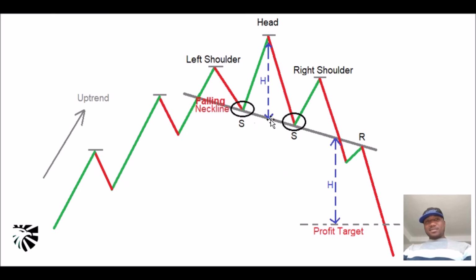Now going straight to this here, you do the same thing you do on the horizontal neckline. You measure from the neckline to the head and see how many pips. For example, let's say this is 100 pips from the neckline to the head. We will measure 100 pips downward from the breakout point to be our profit target.